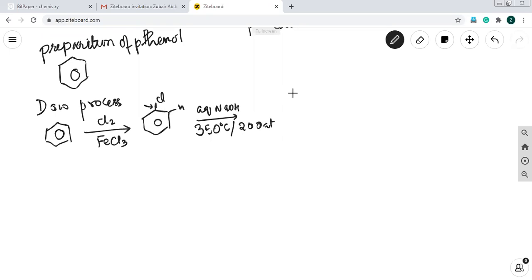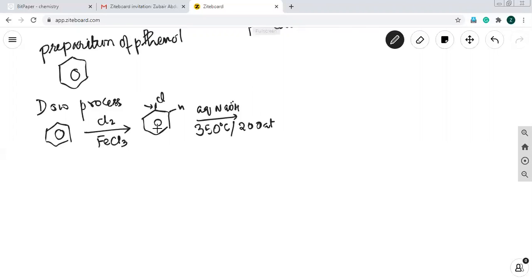Now you understand it is very difficult to substitute the Cl by an OH group. Remember, OH is a nucleophile and electron rich, so it has to come here and take the Cl off.